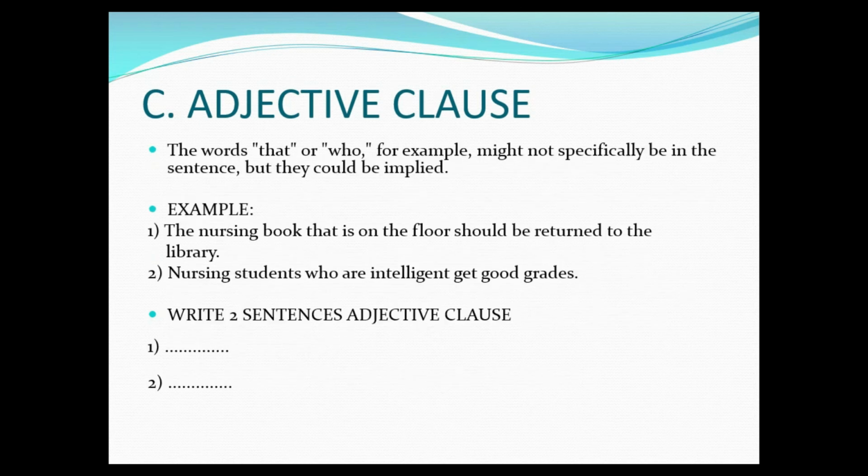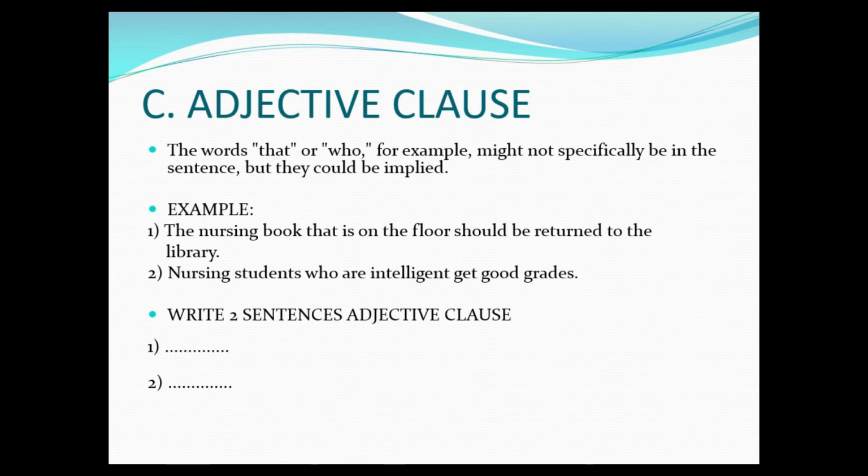Look at this example here. The words that and who, for example, may not specifically be in the sentence, but they could be implied. For example, the nursing book. The nursing book is a thing, so we use that.